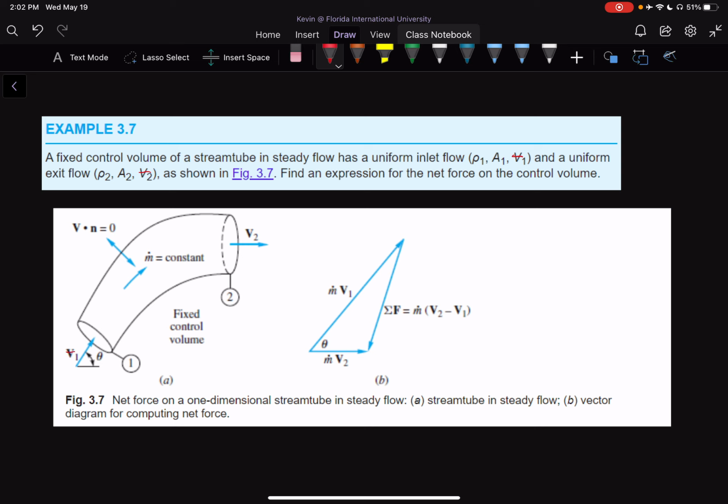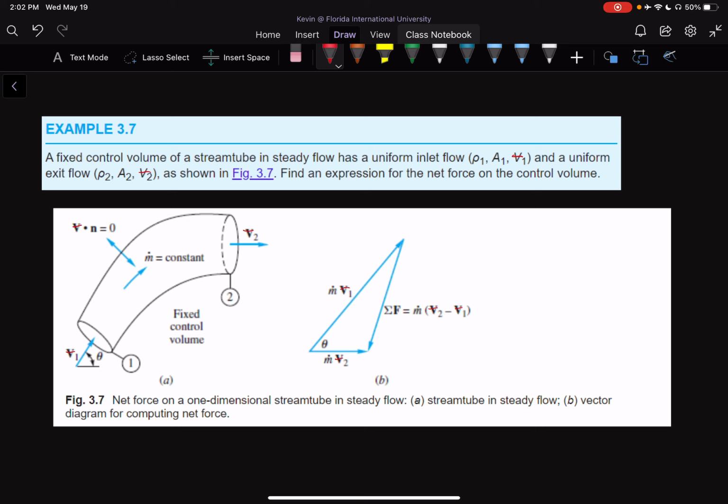I'm just going to add bars through it so that we don't get confused throughout our system. And we're told to find an expression for the net force on the control volume. We're also given a little help with figure 3.7, which shows a stream tube in steady flow and the vector diagram for computing the net force.